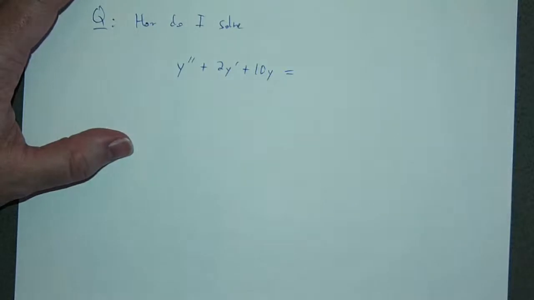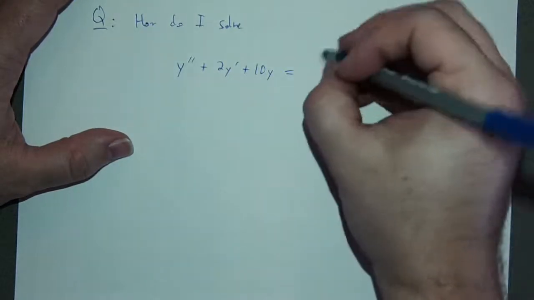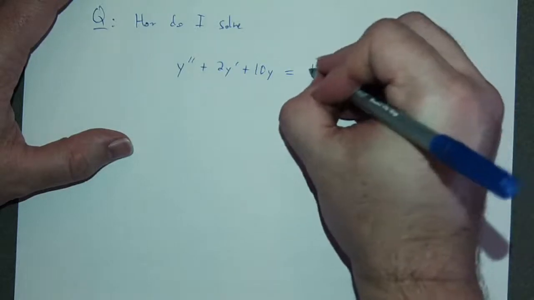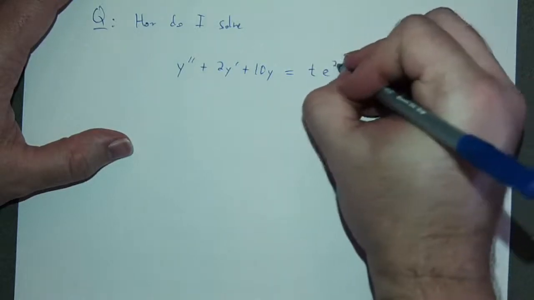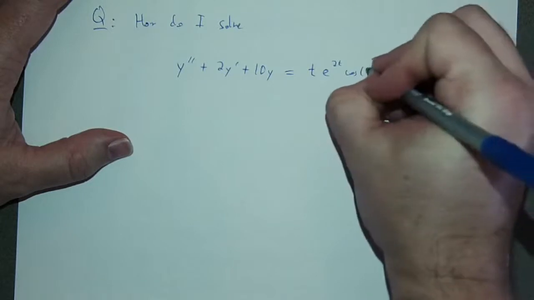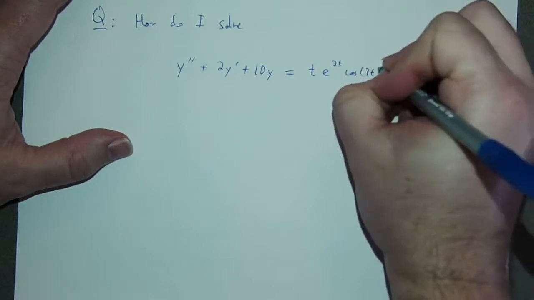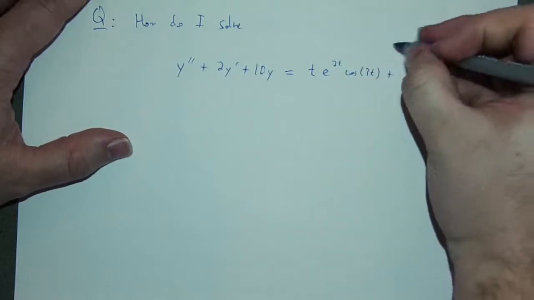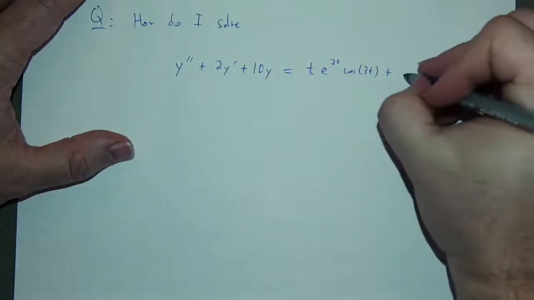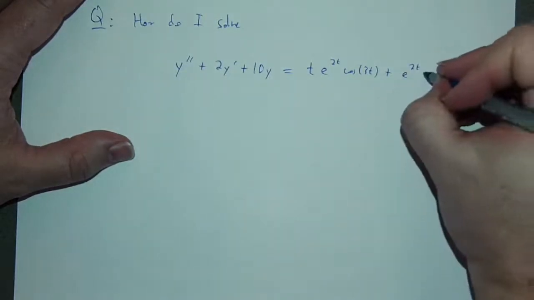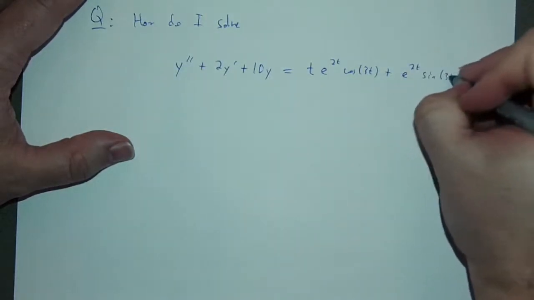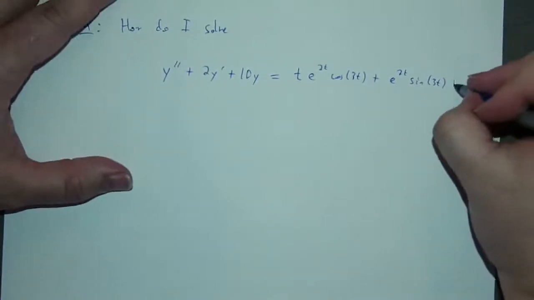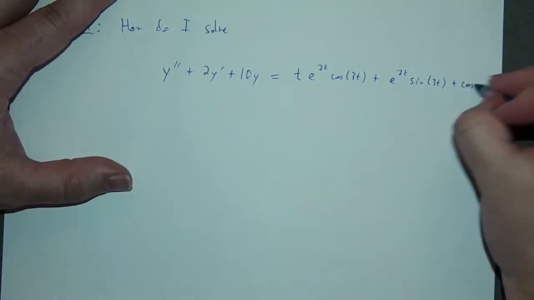And let's say that is equal to t e to the 2t cosine of 3t plus e to the 2t sine of 3t plus cosine of t.